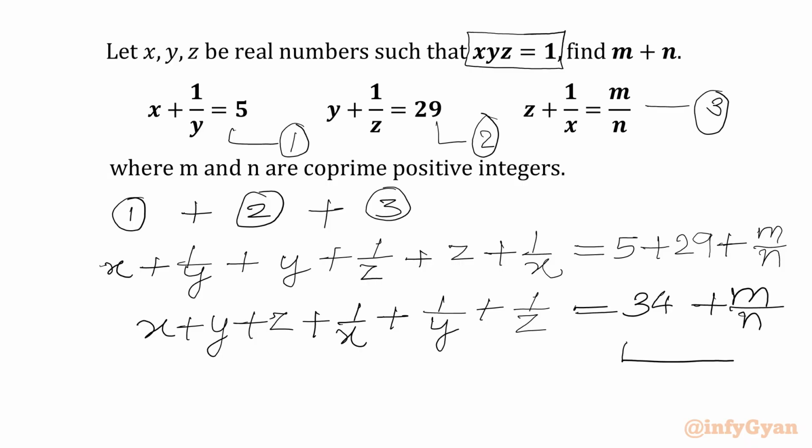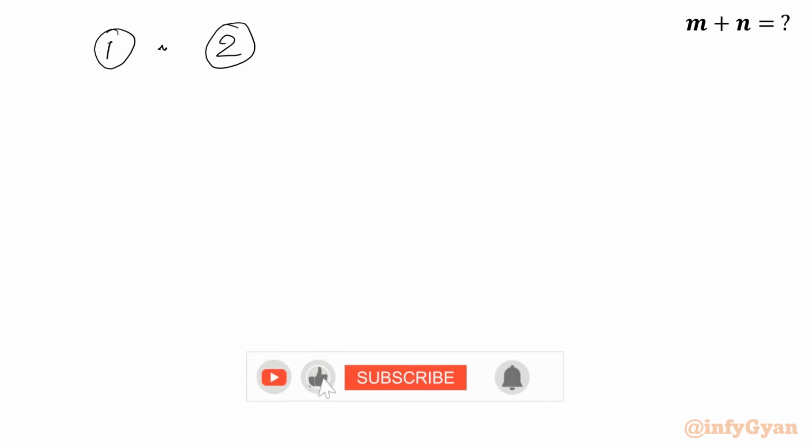This equation we will call equation number 4. Now I will perform another operation. We will multiply 1 with 2 with 3. So I will write here 1 times 2 times 3.